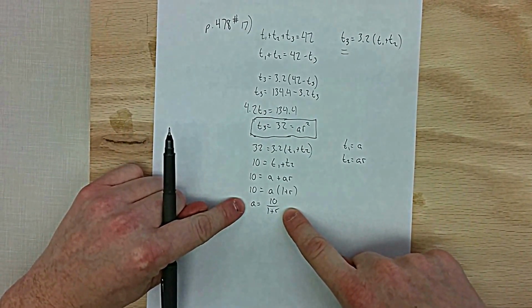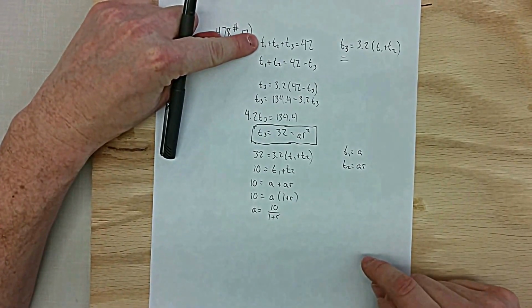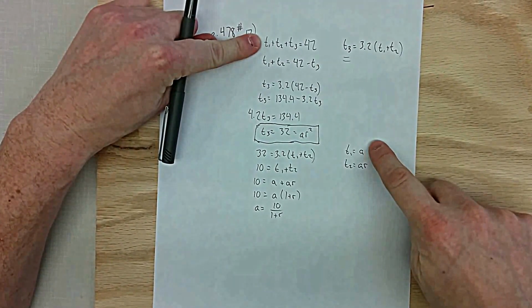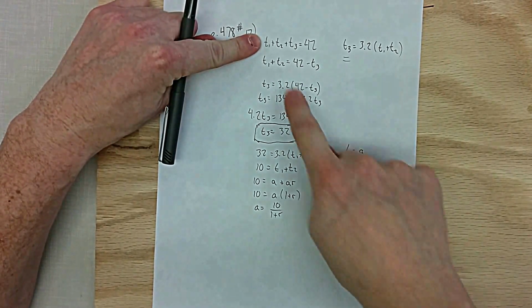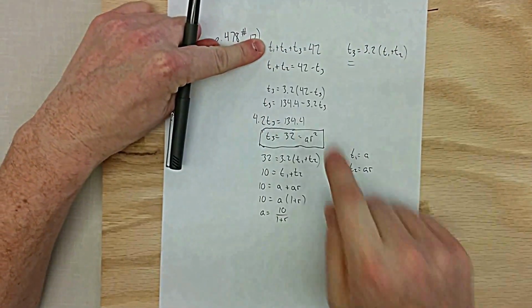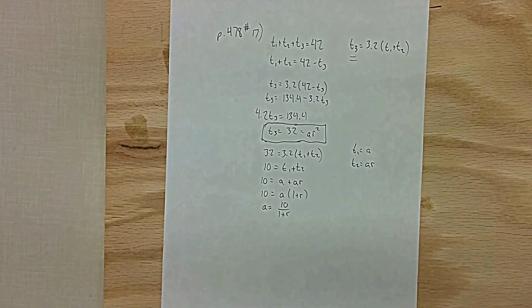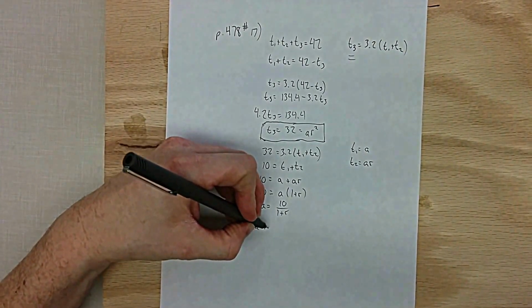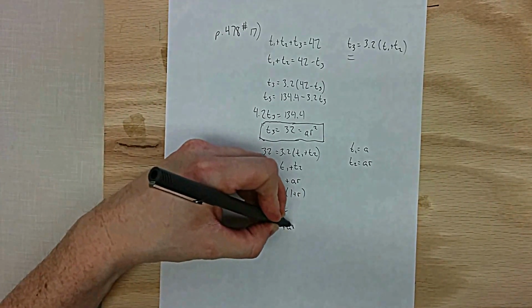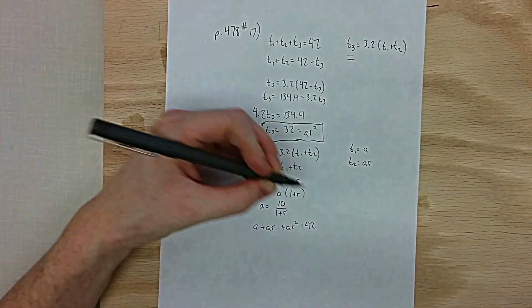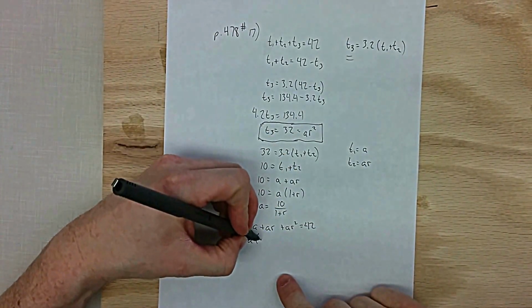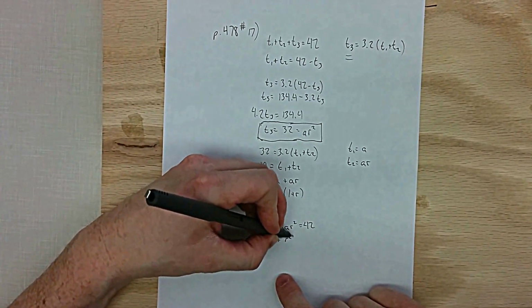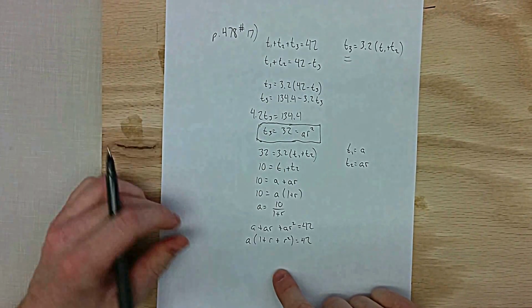Now, I'm also going to look at this formula up here in terms of all of these variables. So I've got a, ar, ar squared. I'm going to sub all of those in right here, and they're going to be equal to 42. So that's going to mean that a plus ar plus ar squared equals 42, or a times 1 plus r plus r squared equals 42.